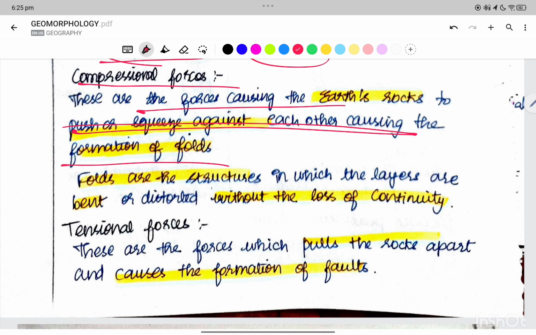Now what are compressional forces? The compressional forces cause compression. They push or squeeze against each other.